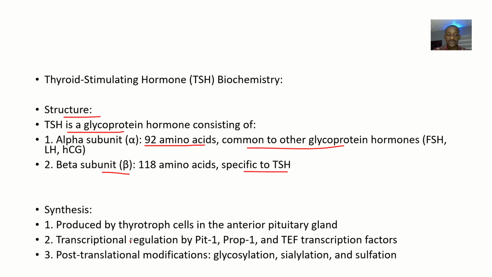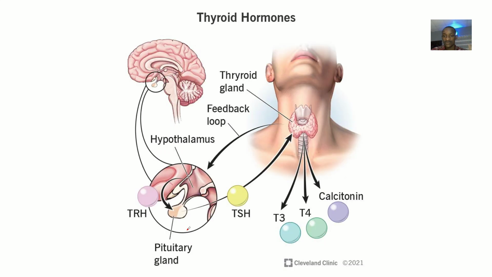TSH is produced by the thyrotroph cells in the anterior pituitary gland. This is the pituitary gland; if you divide it, at the back is the posterior pituitary gland, and at the front is the anterior pituitary gland. The anterior pituitary gland is where TSH is produced, in response to thyroid releasing hormone.